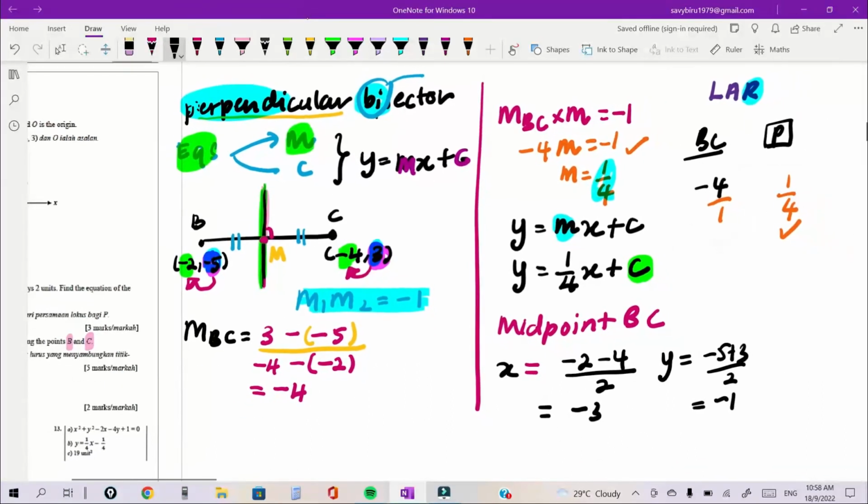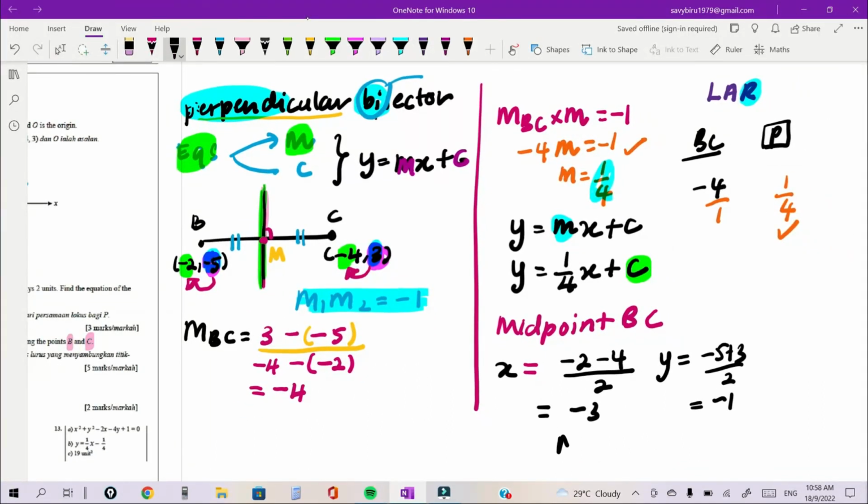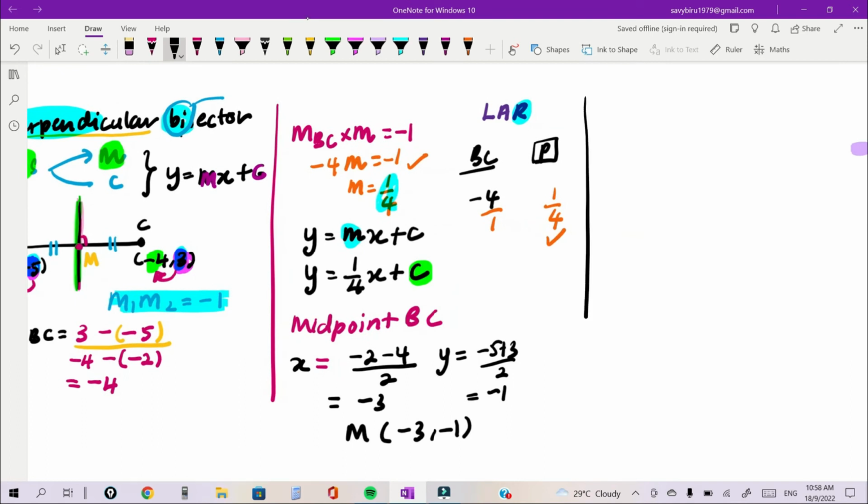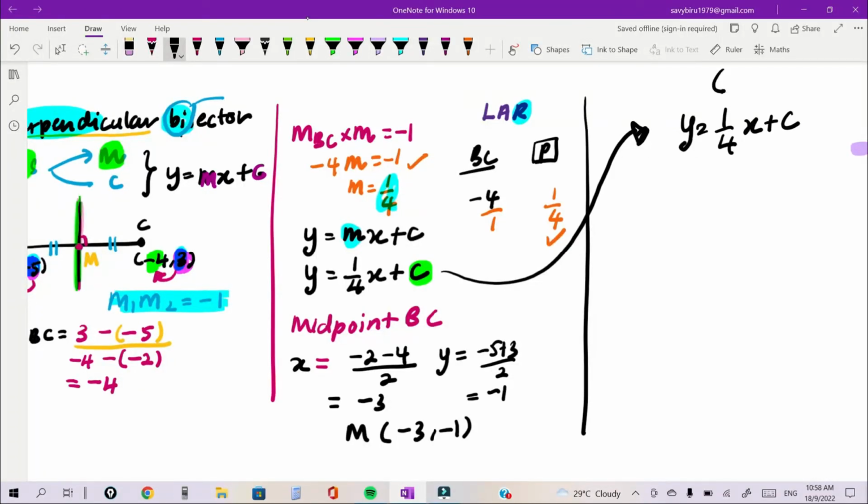So the midpoint of BC is (-3, -1). Now we can use this point to find c. So to find c, substitute the point M, that is (-3, -1). y is -1, x is -3. Put in.